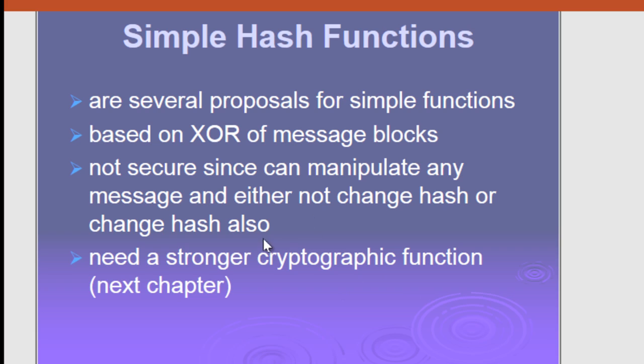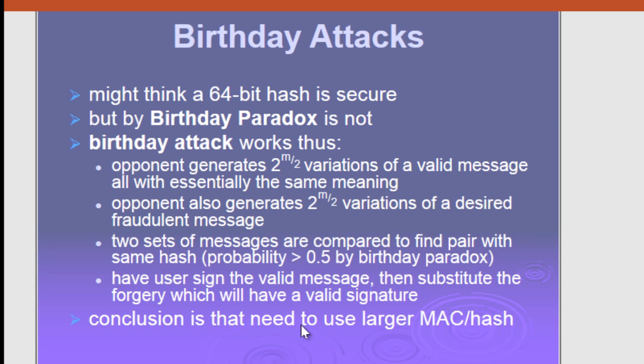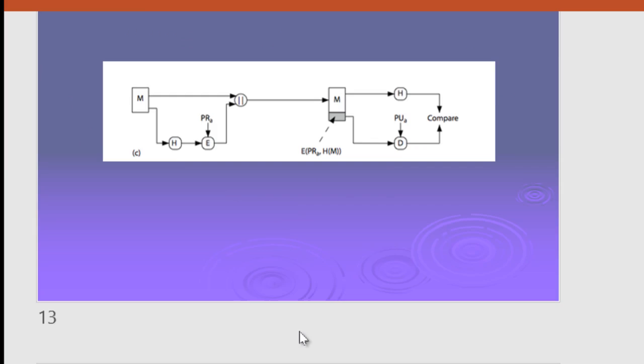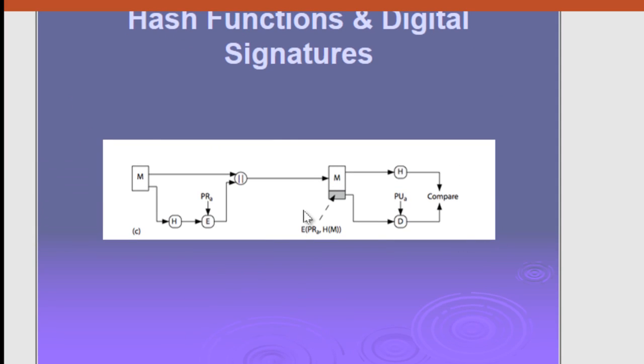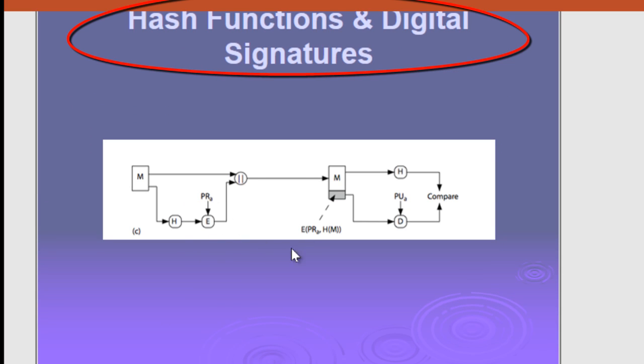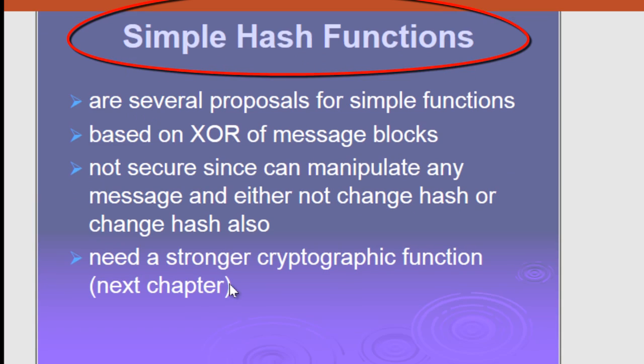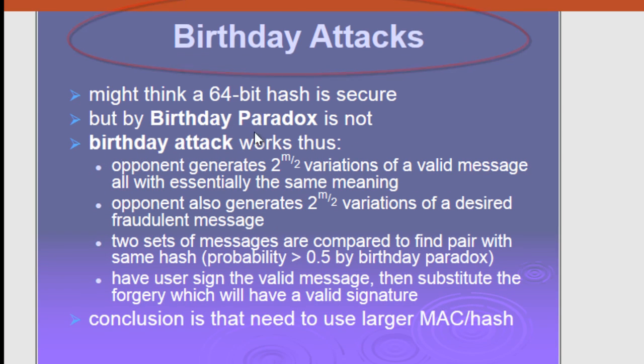That's why it is not sufficient for providing a hash. You will see in the next chapter how to create strong cryptographic functions. In this chapter we discussed only the procedure of a hash function, and how the hash value is calculated.